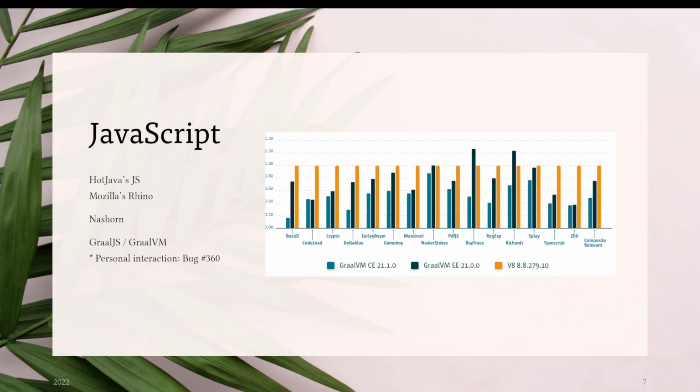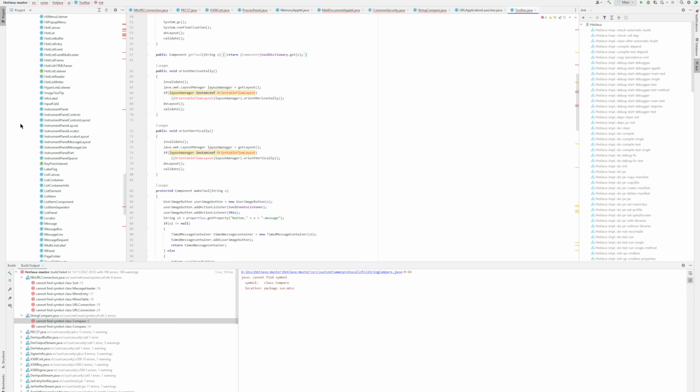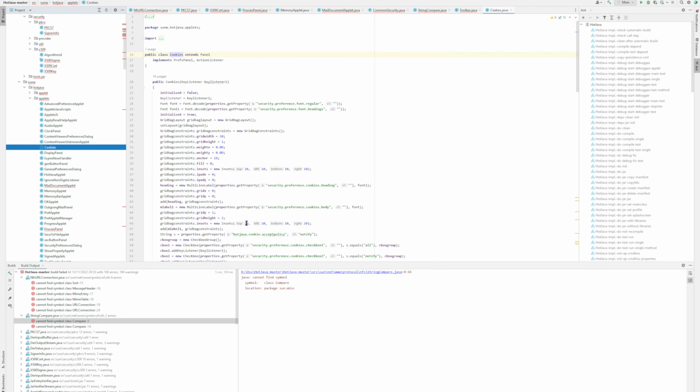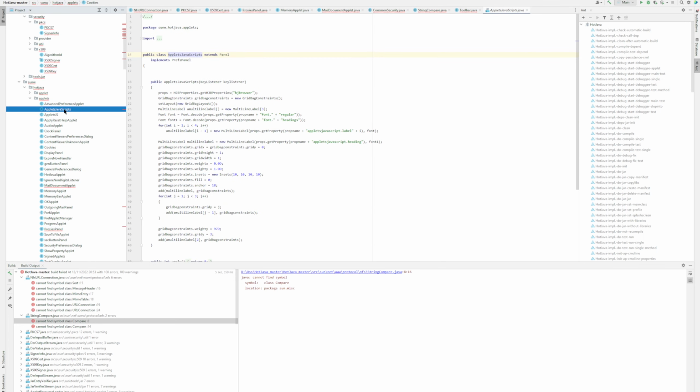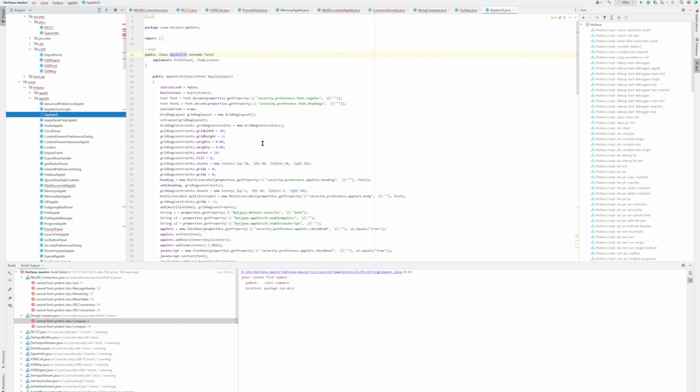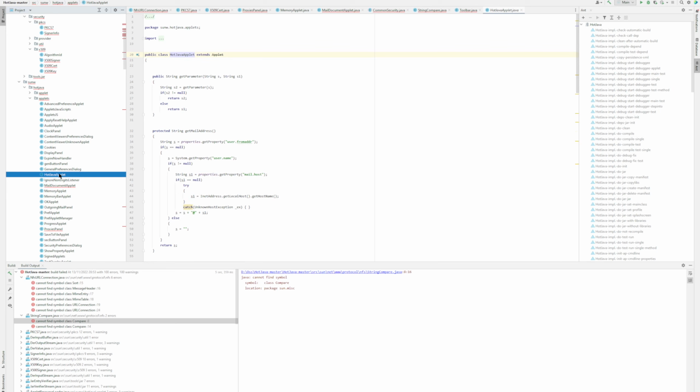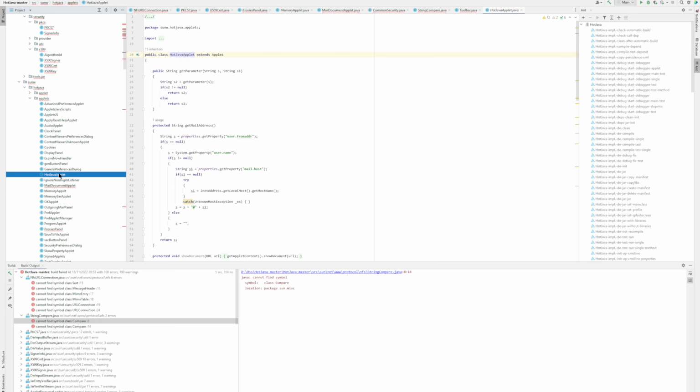So for example, looking at this code base, the user interface is very responsive. Here are the cookies, applets, applet.js, and everything. It feels very smooth. Obviously it's on a faster machine, but letting aside how fast the machine is, it's quite clear.